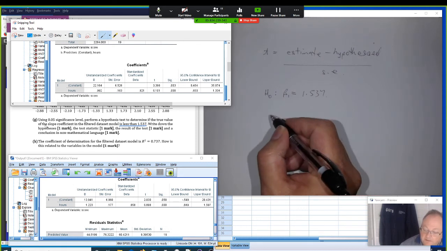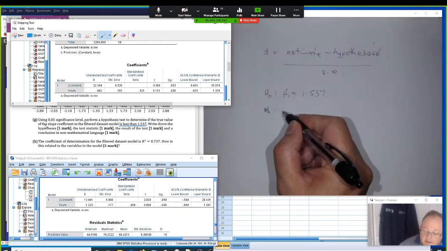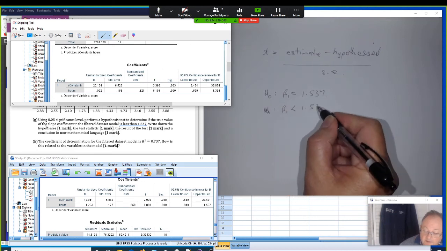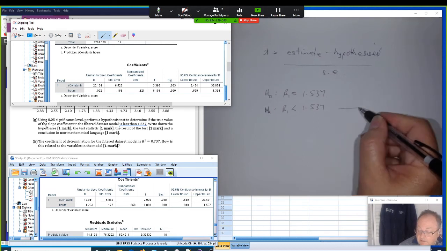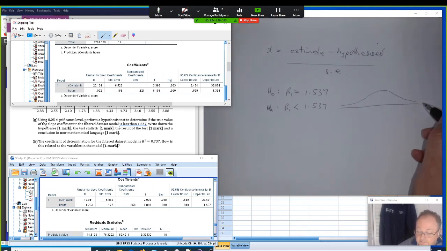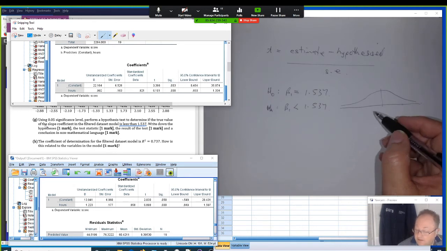So our alternative hypothesis will be that beta 1 is less than 1.537. Now that has an implication for the comparison and distribution. Is it two-sided or one-sided? One-sided. It's down here, isn't it?